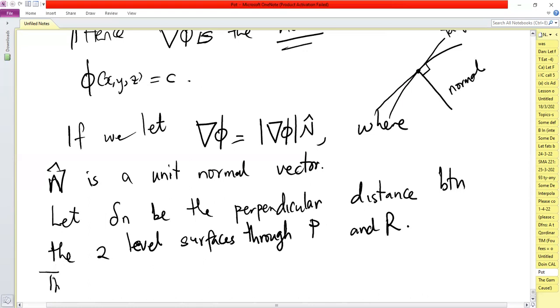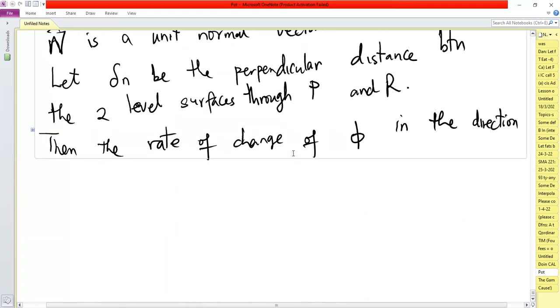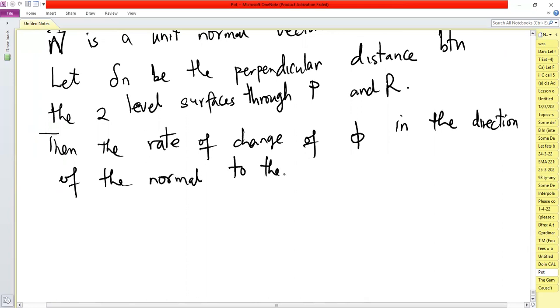Then the rate of change of this function phi in the direction is simply given by partial phi partial n.